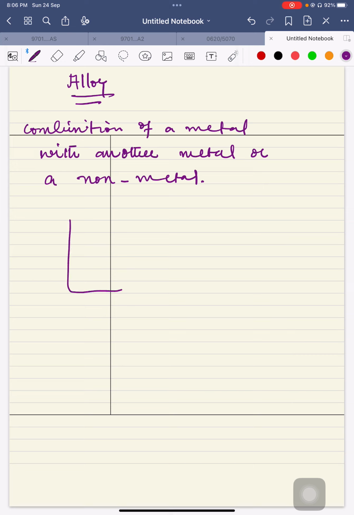Okay, so just look into this diagram. Whenever the examiner asks you to draw the diagram of any alloy, you are going to draw this structure. What is the structure? First of all, I am trying to change the color. For example, this is one big ball, there is another big ball, and there is one more. Now I am taking one with the other color.